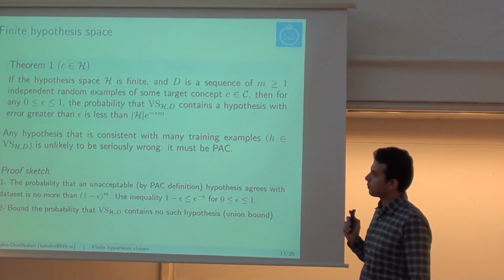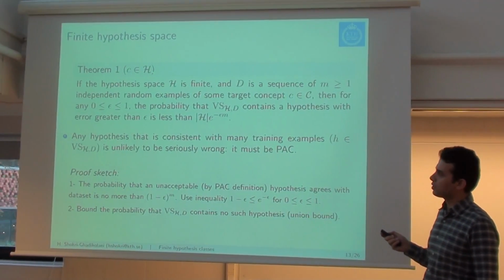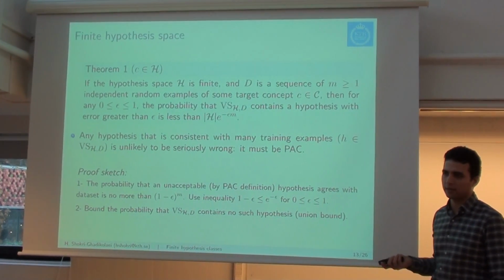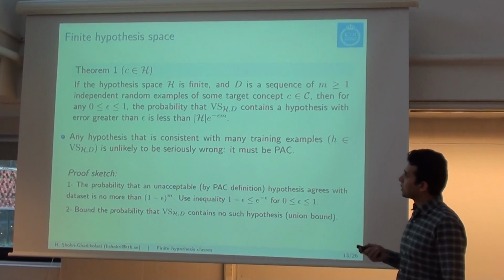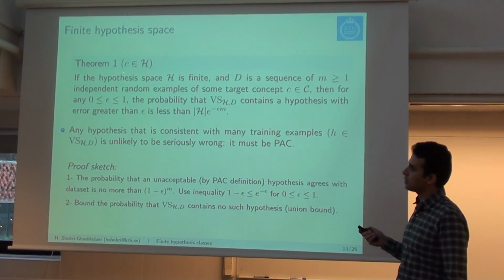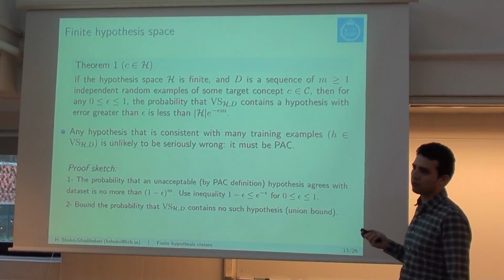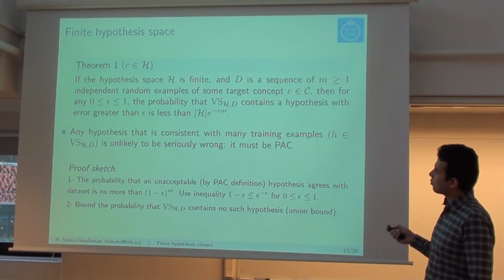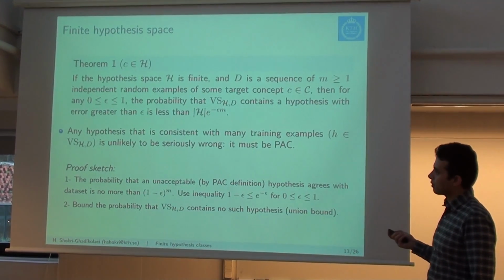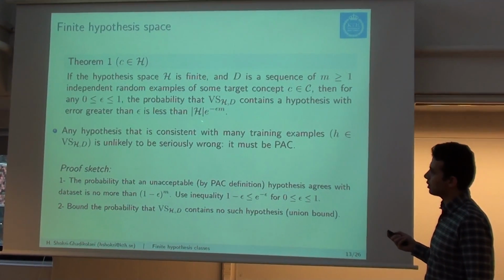Okay. Theorem 1. If C is in H, so if it is a consistent learning algorithm, which says that somehow you're lucky that C is in your hypothesis class, then the probability that you find a learning algorithm that is PAC learnable is this.